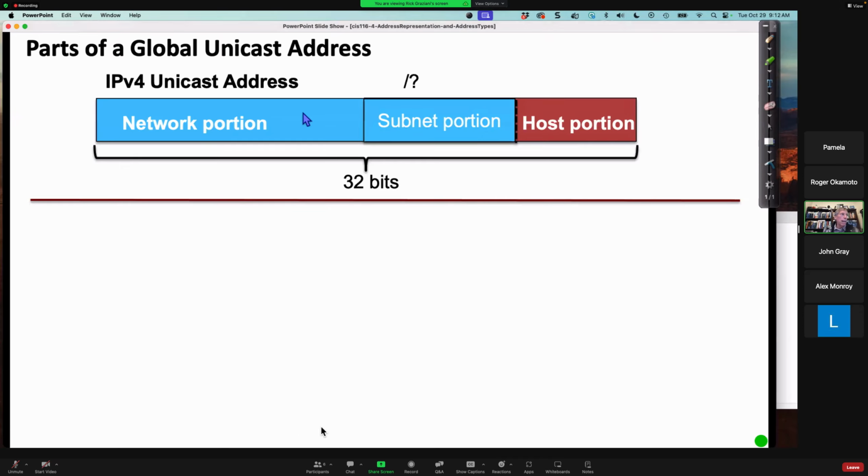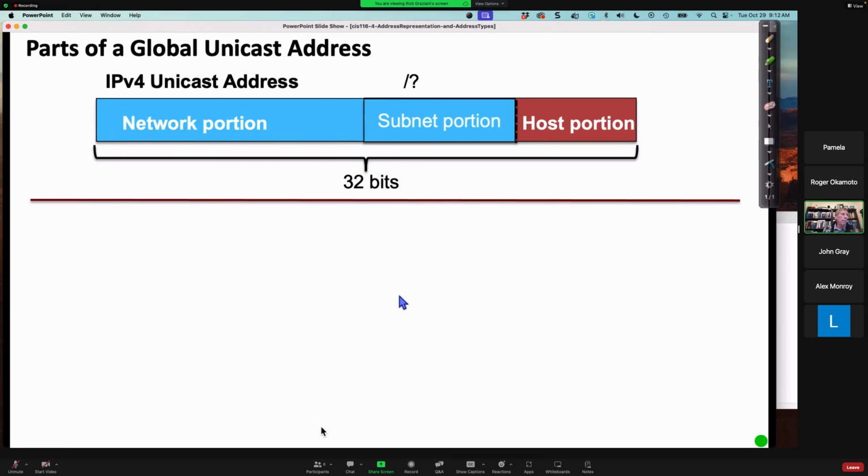We're extending our network, but now we have fewer hosts per subnet. Instead of 100 apples in the host portion, I have, let's say, 10 baskets of 10 apples each.